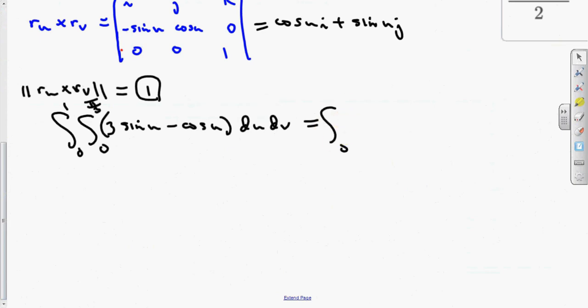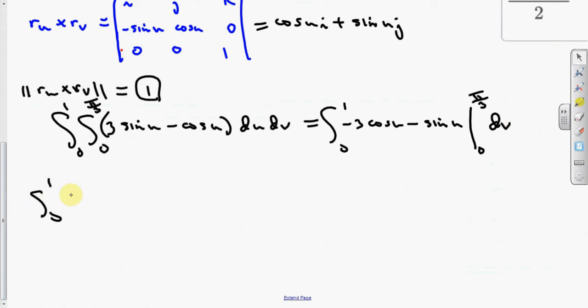This is the integral from 0 to 1. This is negative 3 cosine u minus sine u. Evaluate the u's from 0 to pi over 3 dv.